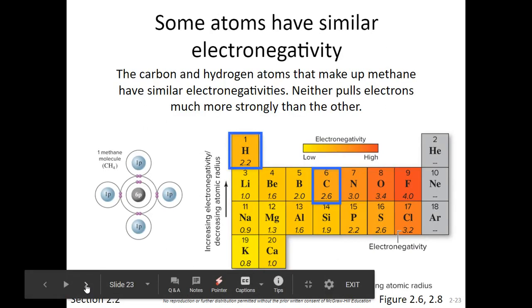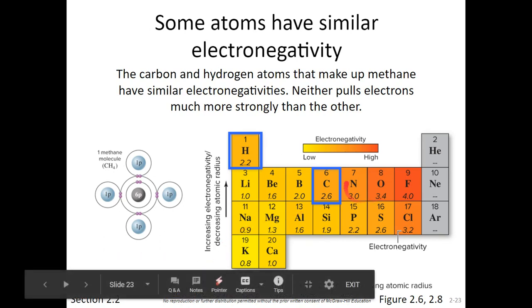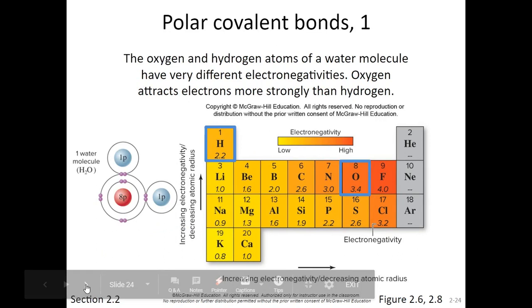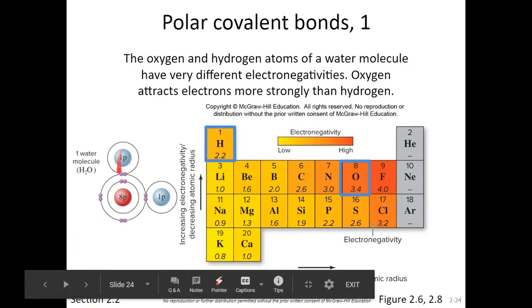Same thing here. Some atoms are very close to each other, so they have similar electronegativity. You saw that, and I gave you this example. Now, polar covalent bonds. The best example is a water molecule, and you can see that due to their change in electronegativity, oxygen and hydrogen react.